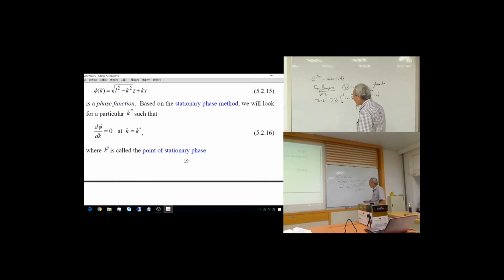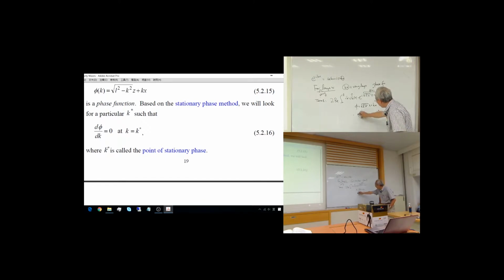Now if this derivative of phi equals 0 at a certain k, this certain k we call k star, and this is called the point of stationary phase.